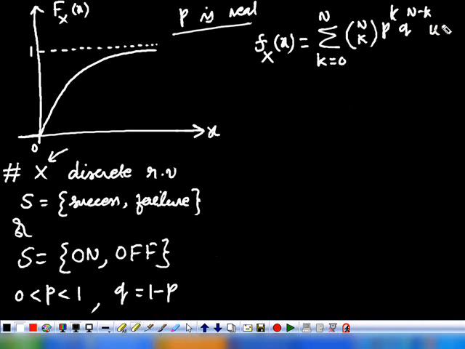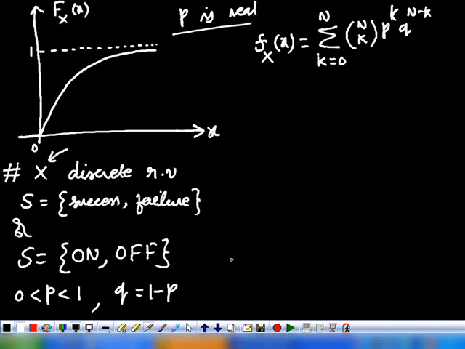See, we already discussed, in case of a discrete random variable, the CDF is represented in terms of the unit step function. The PDF can be represented in terms of the impulse function. Why? Because the derivative of the CDF is the PDF. That is, the derivative of the unit step is the impulse.